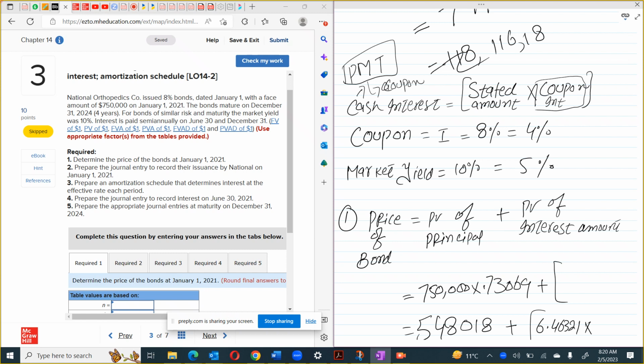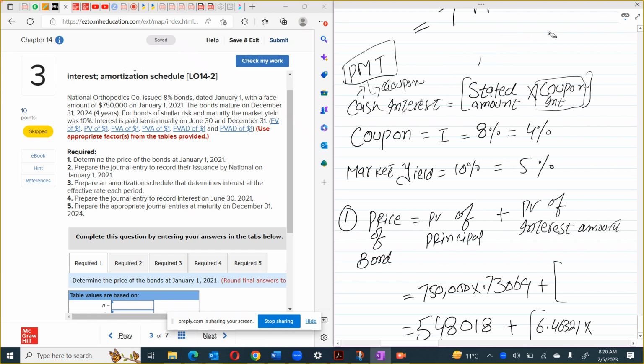I have written it in front of you. If you want to calculate the cash interest, what is the formula? Stated amount multiplied by the coupon interest rate. Yeah, good.